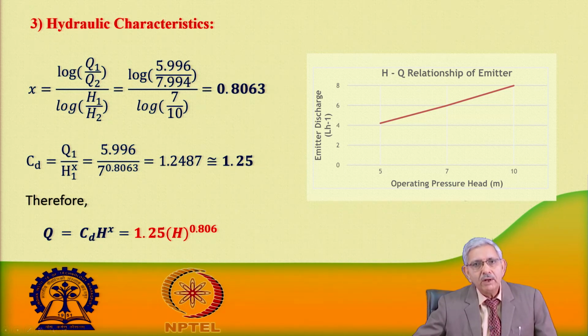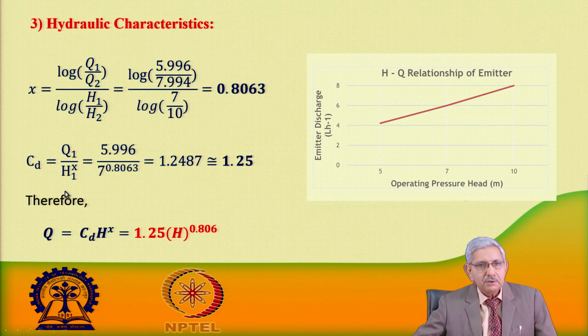What we will do is plot the graph and find out what kind of relationship there is, taking the observations between h and discharge, and when we plot it on the log paper, the value of x is coming at 0.8063 and the coefficient of discharge is 1.25.